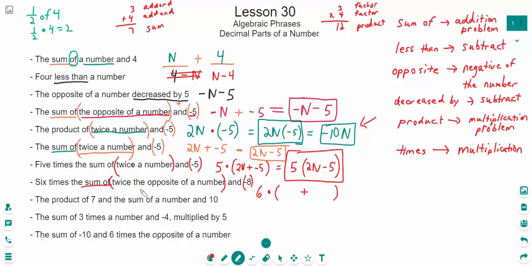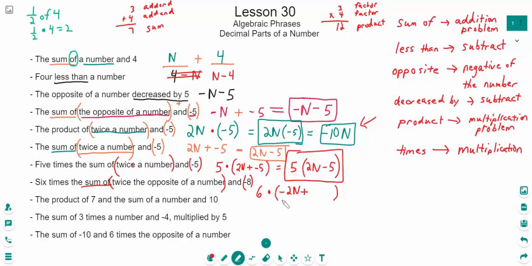Well, twice indicates 2 times something. Twice the opposite, well, that indicates we throw a negative sign in front of it. And now we have a number. So it's a negative sign in front of a number, and then it's twice the number. All right? So it's going to be a negative 2n, right?